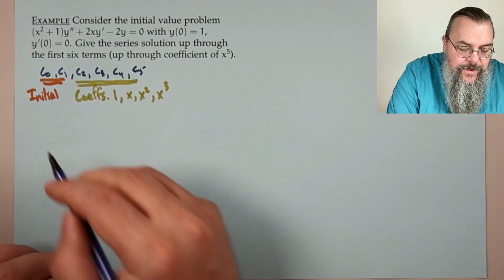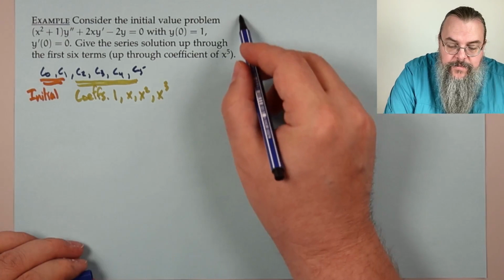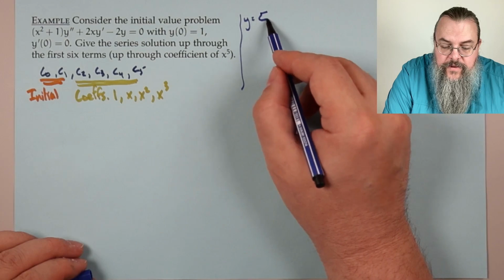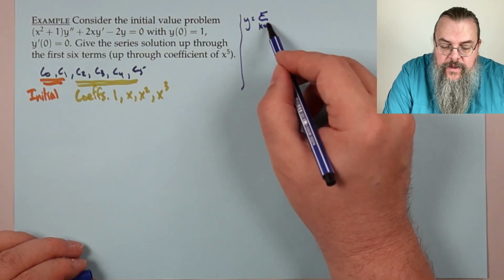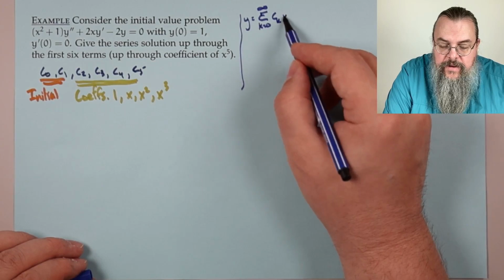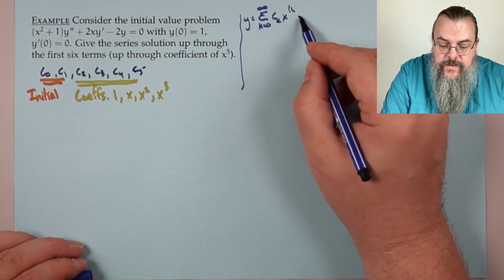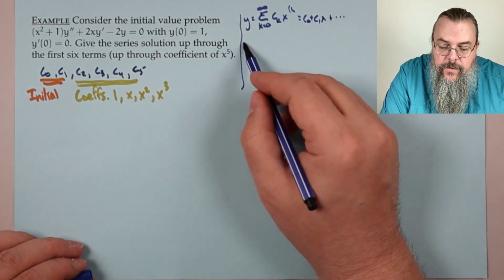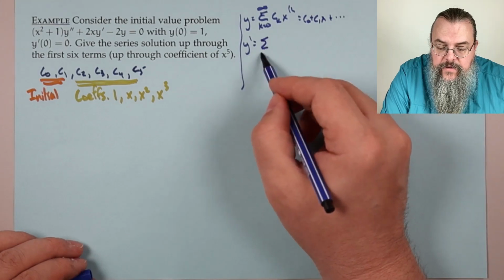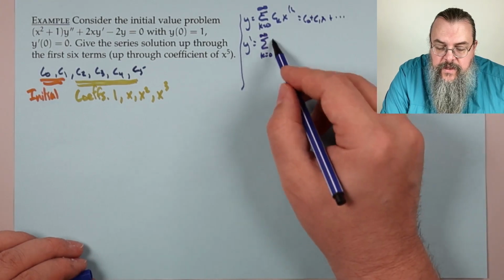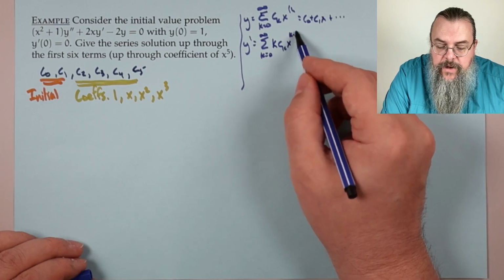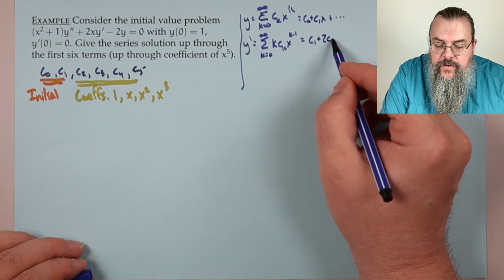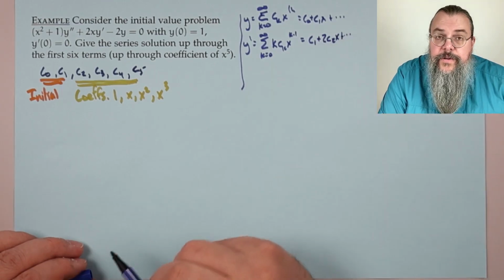So what do we have? We'll make some notes here. Of course, y is the sum, k equals 0 to infinity, c_k x to the k. So that's c0, c1x, and so on. y prime is the sum, k equals 0 to infinity, k c_k x to the k minus 1, which begins as c1 plus 2c2x, and so forth.